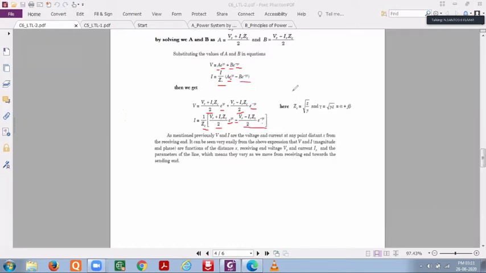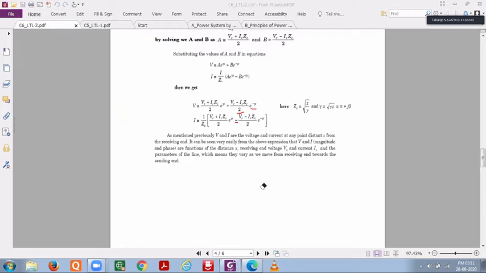So already you know this. What is ZC? Root under root small z by small y. Gamma is under root small y into small z, right? So with this, you are able to determine the voltages at any point.